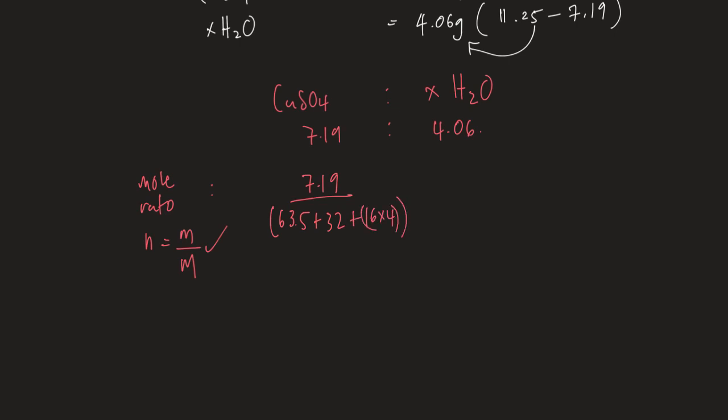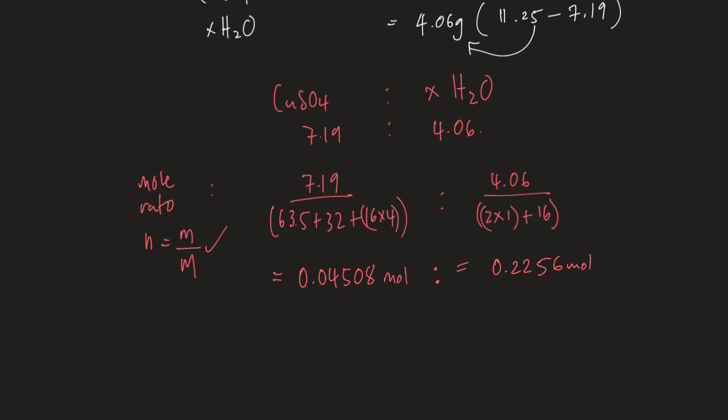Don't forget all your brackets and so on. And on the other side, I'm going to go 4.06 divided by 2 times 1 plus 16. Right, and I should get 0.04508, and I should get on the other side 0.2256 moles.